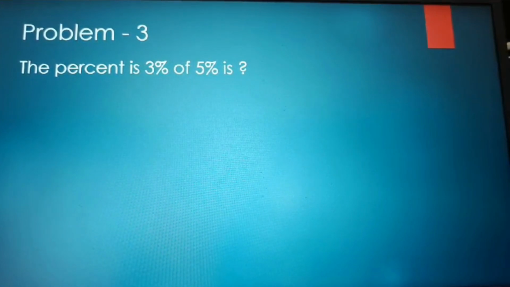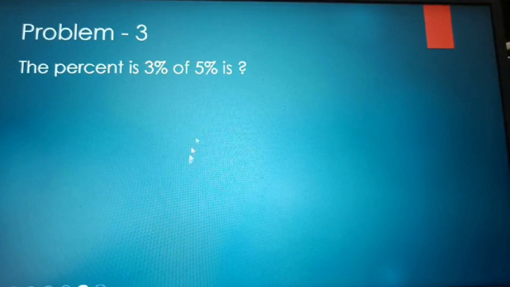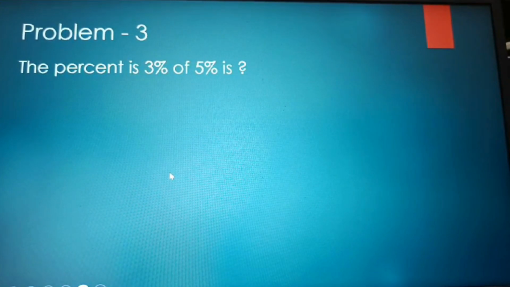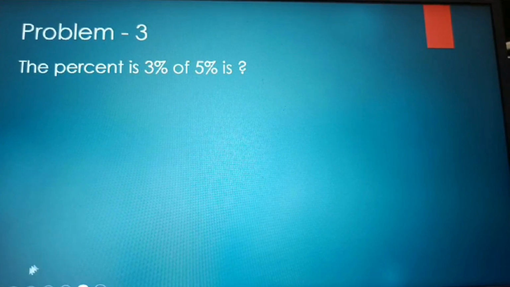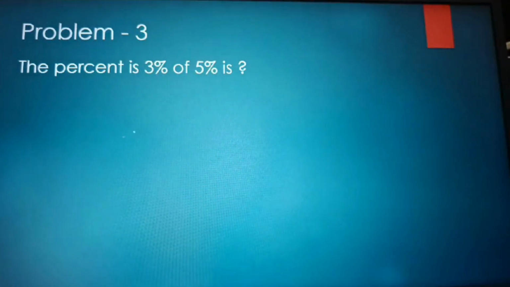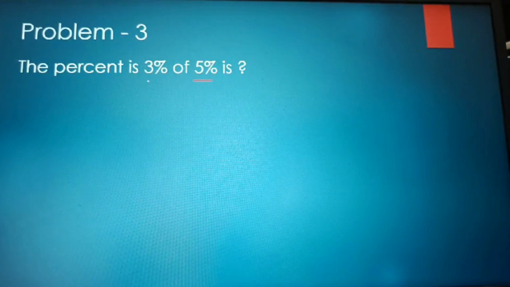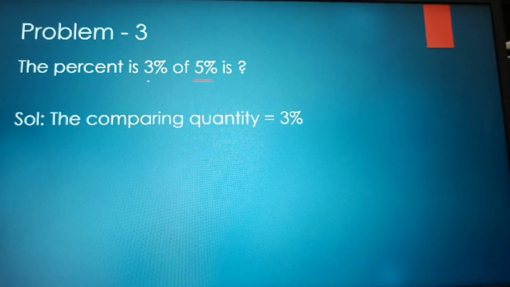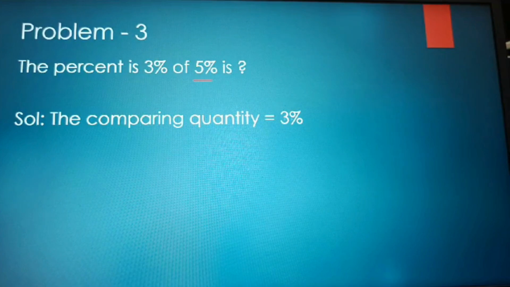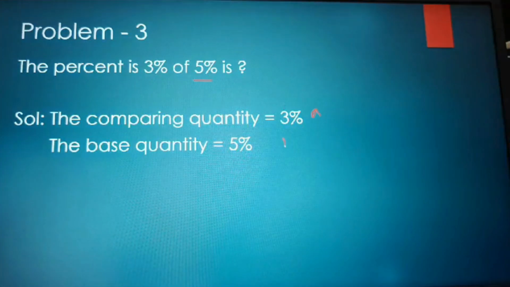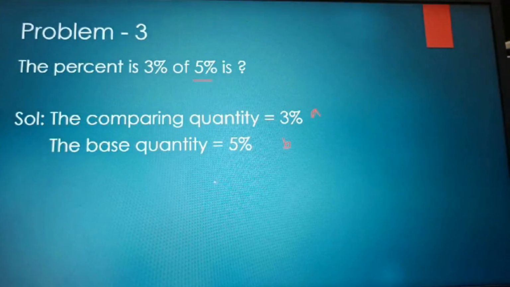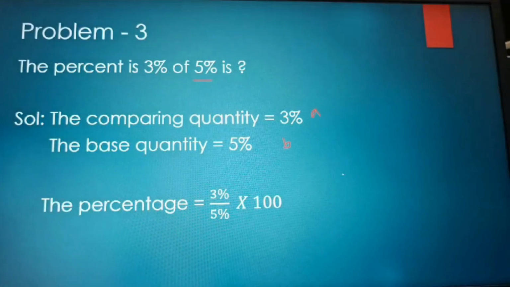Now we discuss the third problem. The percentage is 3% of 5%. Here the 5% becomes base and 3% is comparing quantity. So the comparing quantity A here is 3% and base B is 5%. So the percentage is A by B into 100.